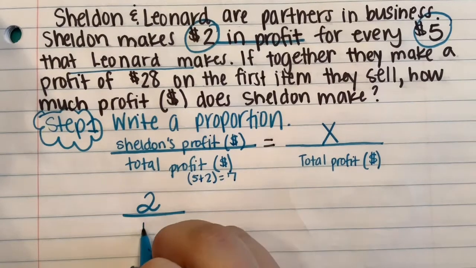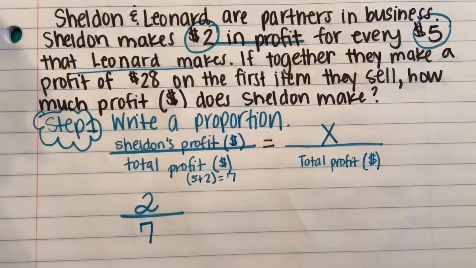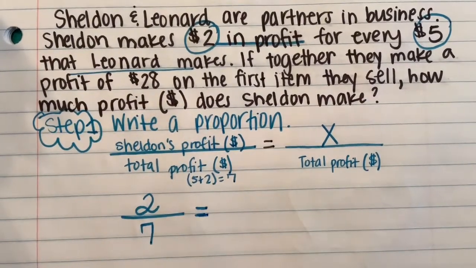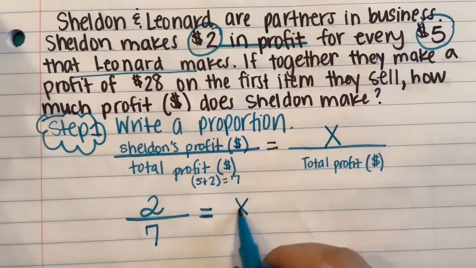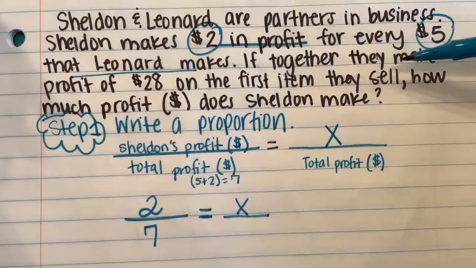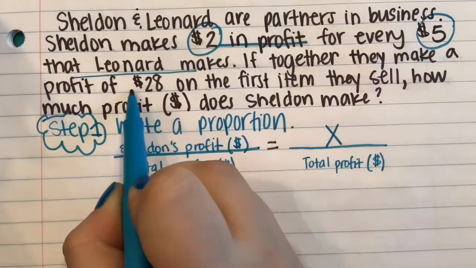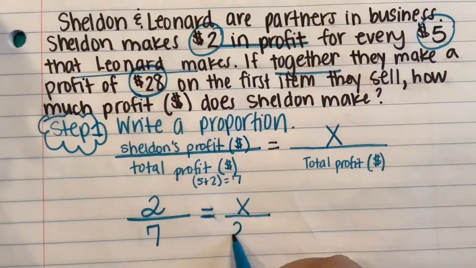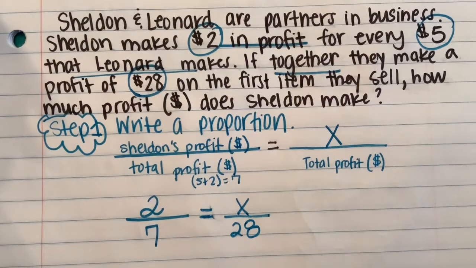My 7. I'm going to keep my equal sign in the middle because this is an equation. My missing number I still don't know, so that's remaining as an x, a variable. And now I'm looking for my total profit, so let me continue reading the problem. If together they make a profit of $28, so there's where I need to plug in my 28.